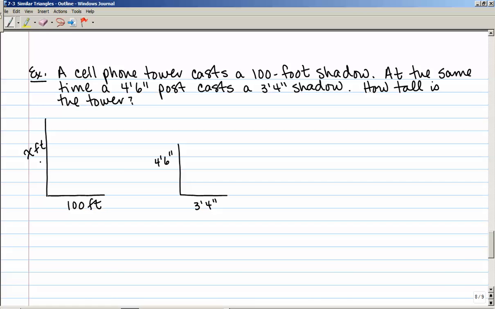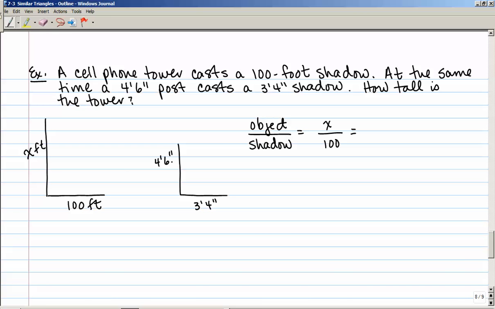So we need to know how tall is the tower. So let's set up a proportion. The way I think I'm going to do this is I'm going to say the object over its shadow. Okay, so the height of the tower over its shadow is equal to, now notice I have just feet on my cell phone tower, but I have feet and inches on my post.